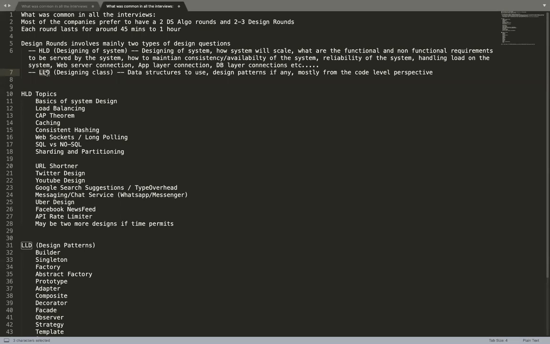So in general, there is no code in high-level design. Generally, they'll ask you to design, say, a weather application: how you will do it, and what parameters you will consider. That comes under high-level design. It's not expected from a candidate to write a lot of code in high-level design. What they expect is to see how you think, how you'll design your system, and how you'll consider parameters like consistency, availability and reliability, how you will do load balancing between your servers, and how you'll perform consistent hashing.